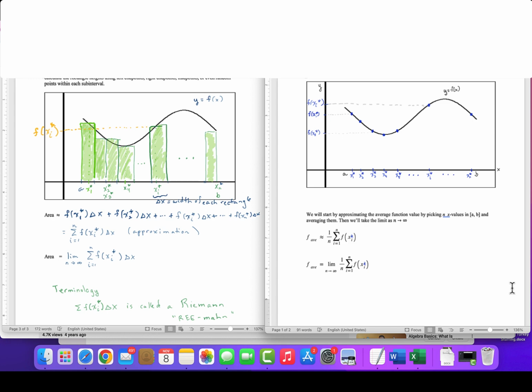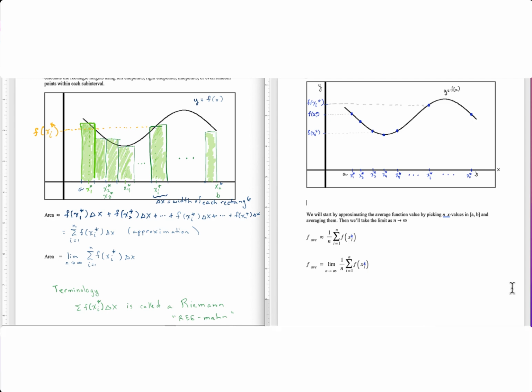We've already got a lot of what we need. Our formula so far for the average function value has the limit as n goes to infinity. It's got the sum as i goes from 1 to n of f of x sub i star. The one thing it's lacking that our formula for the area has is that delta x.